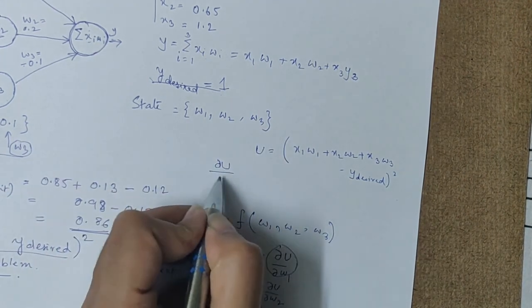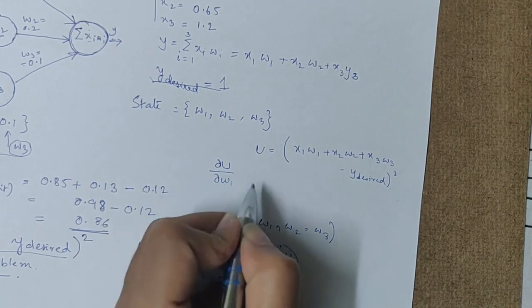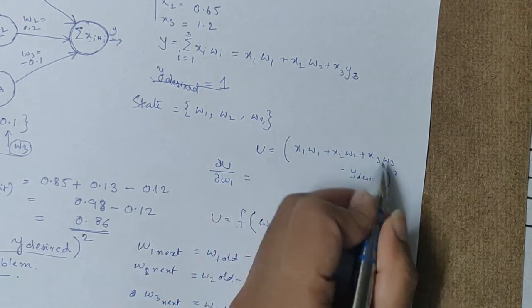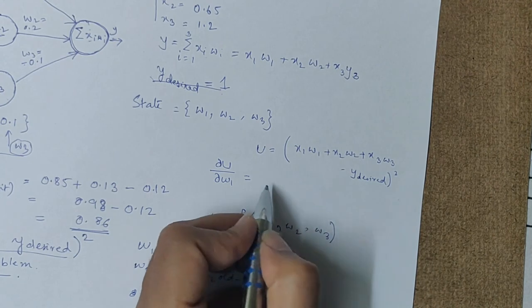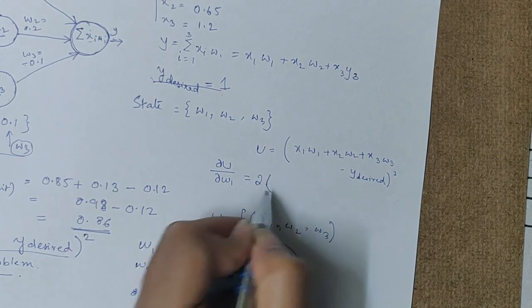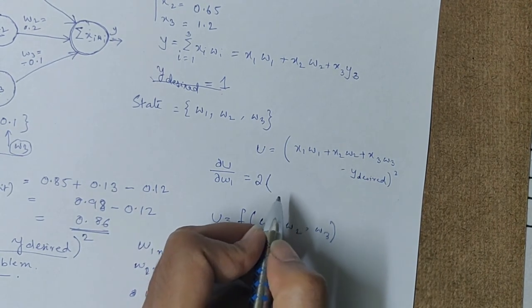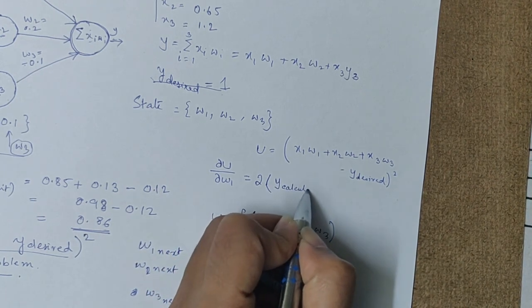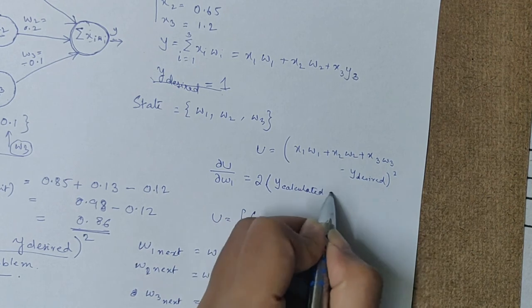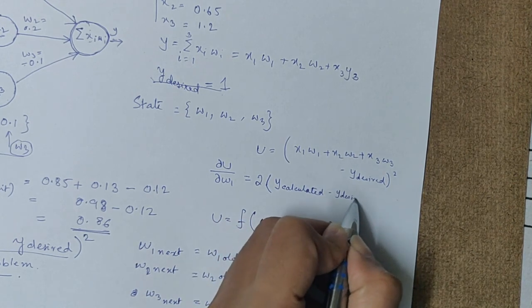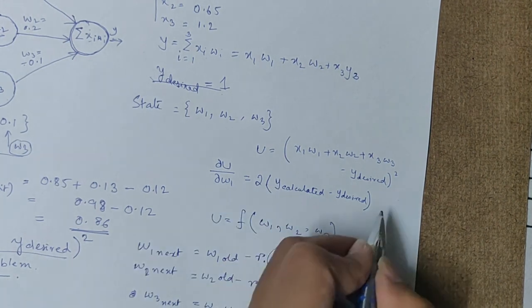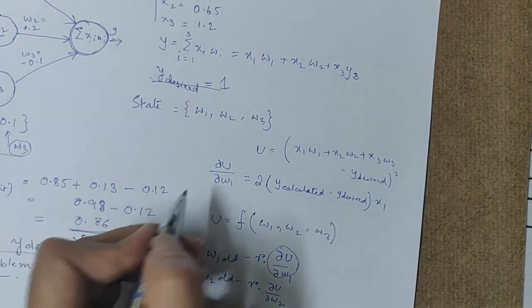So del u del w1 equals, take the whole of this thing once, 2 into y calculated minus y desired into x1.